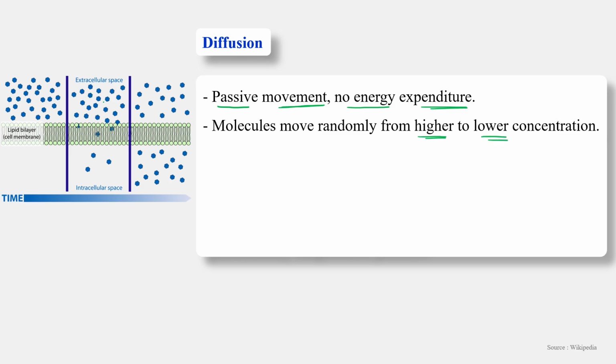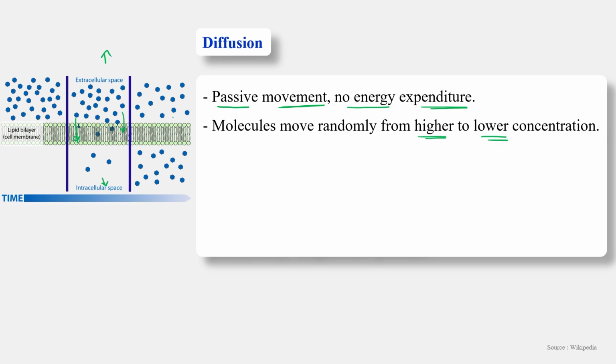Okay. As you can see in this particular picture, this here is the outside of the membrane, right? And there are no molecules. So slowly movement of these molecules occurs from high concentration. Here concentration is high, and here there is none, concentration is low.